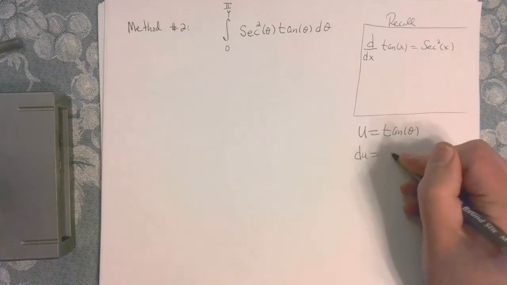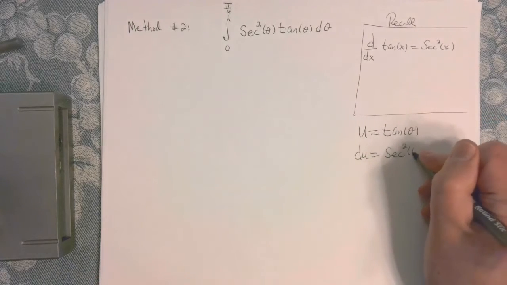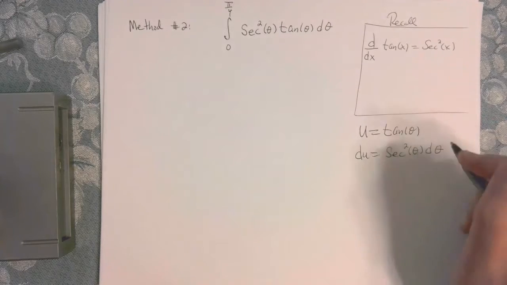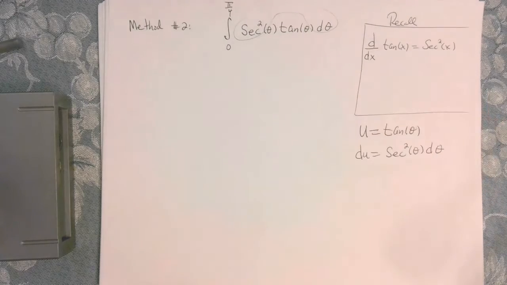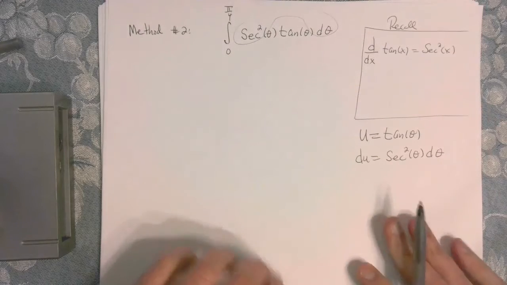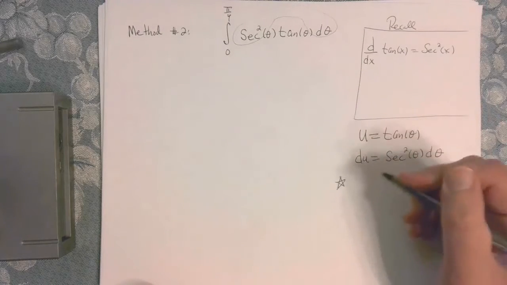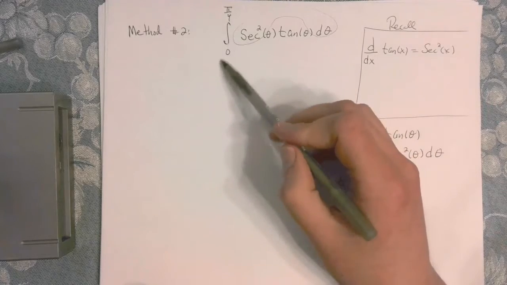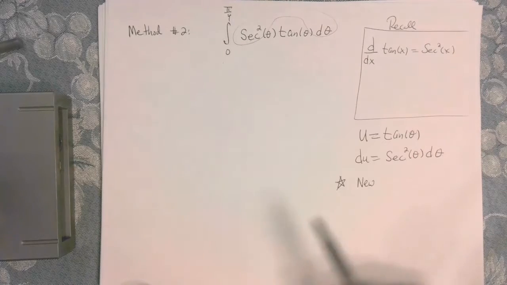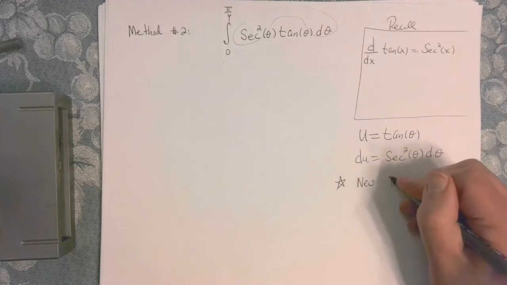Well, the derivative du is exactly secant squared of theta d theta. So that's helpful because this gets rid of this. And we mentioned before we're changing variables, so let's go ahead and change the bounds. They're only good for thetas. We want corresponding bounds for u's.